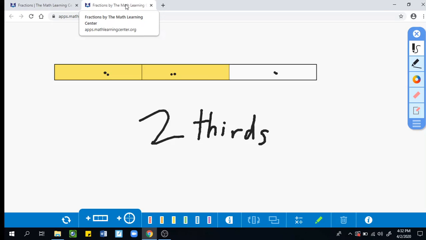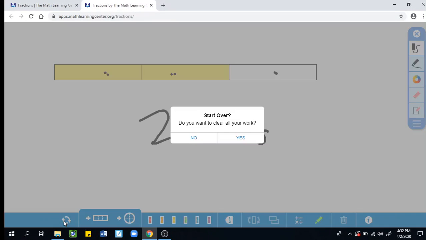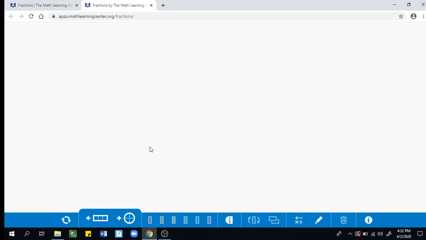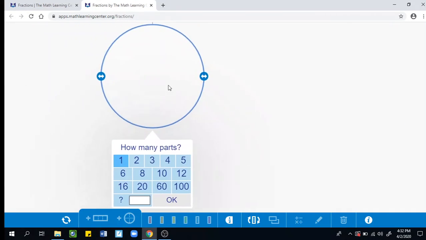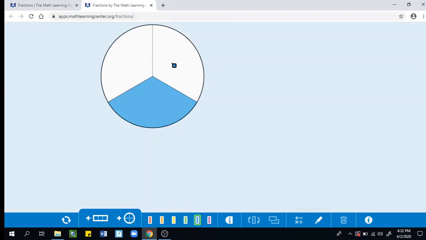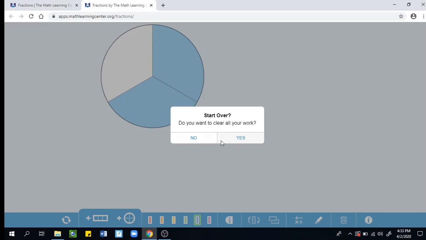You can find it from any web browser, and you can get on there and practice making shapes, cutting them up into certain equal parts, and trying to figure out the names of each fraction. So you could cut your circle into 3 parts. You could color in 1 or 2 pieces of them and then name that fraction. Okay, 2/3 of this circle is blue, for example.